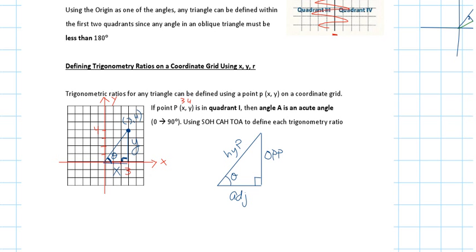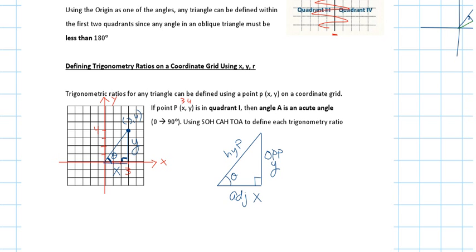So if I'm going to compare opposite and adjacent with y and x, opposite is what letter? Y or x? Y. So opposite is your y, and the adjacent is your x.